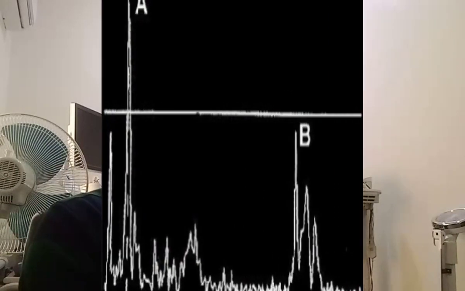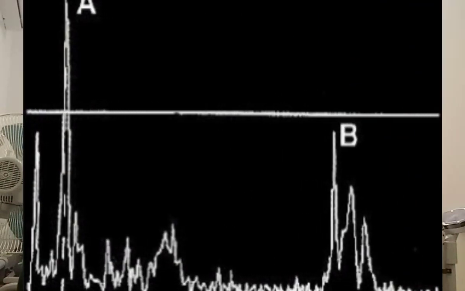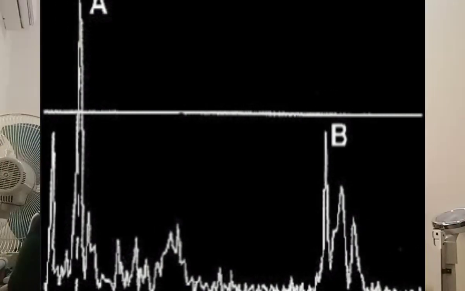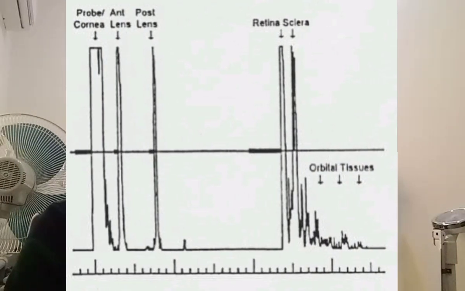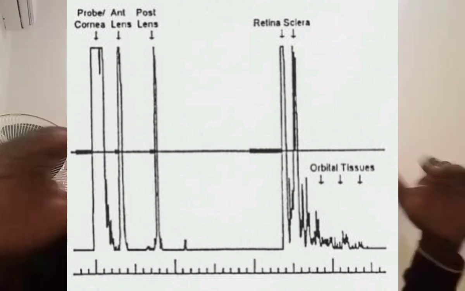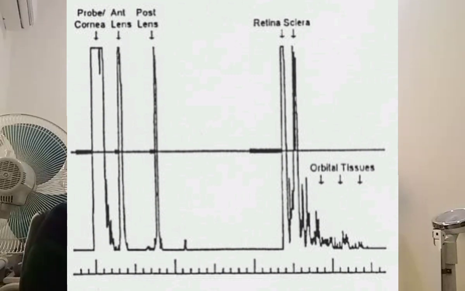This image will give you an idea of what it used to be. You have an image for the biometry of the eye, and a graph to help you see what's going on. A mode has only one spatial dimension, that is distance from the transducer. The image looks like a skyline of a major city, say the Manhattan skyline.